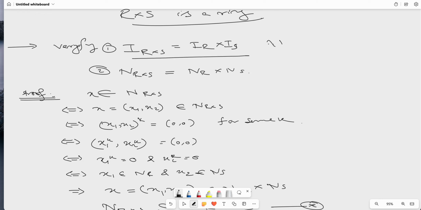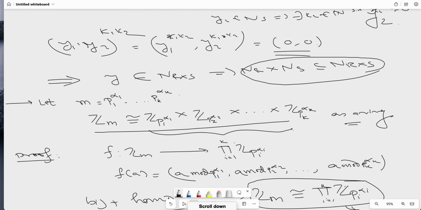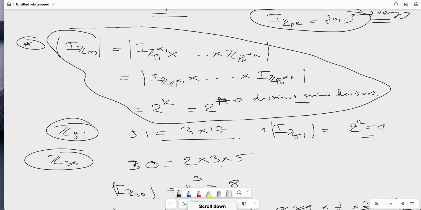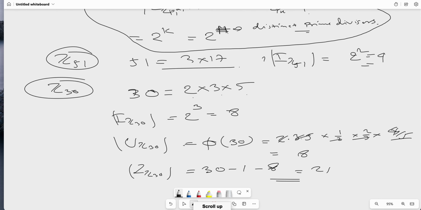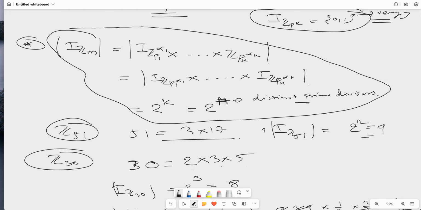This is homework, very easy to prove. Similarly for nilpotent I have proved, so you have to prove this.